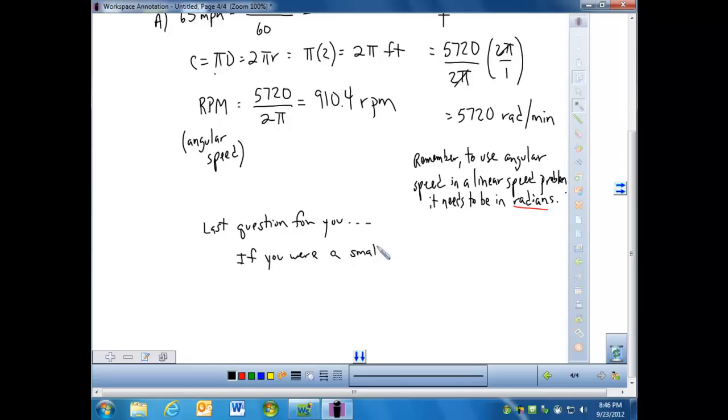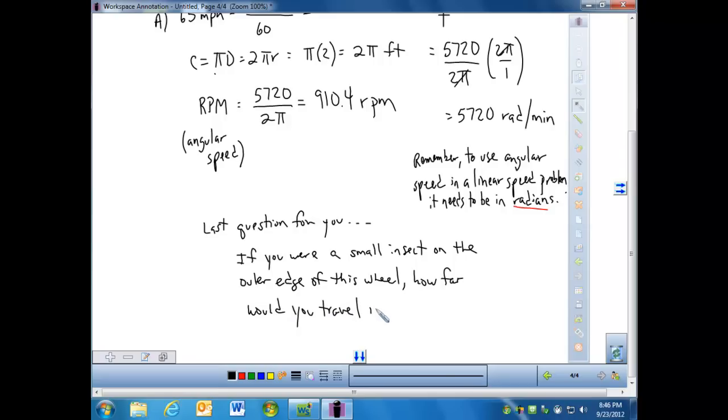You got ran over, and now you're on the very outside edge of the wheel of the car going down the road. How much distance would you travel in 45 minutes? It's really not a linear speed problem, but an application of what we're doing here.